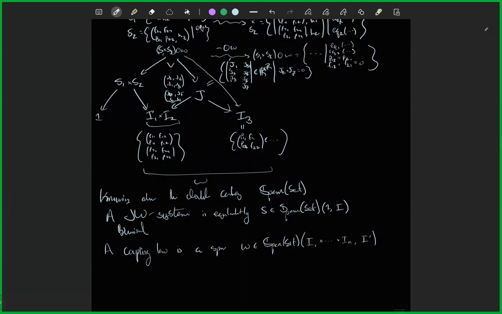So you can see W here is in I1, I2 to I3. It's a span. That span is J with the left leg and right leg. Right? And the coupling is given by composition in span set.